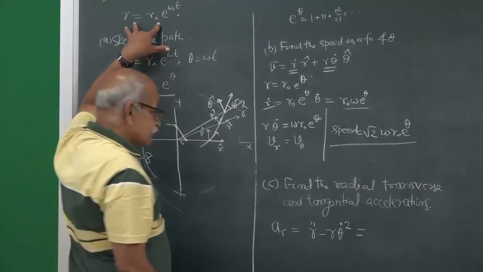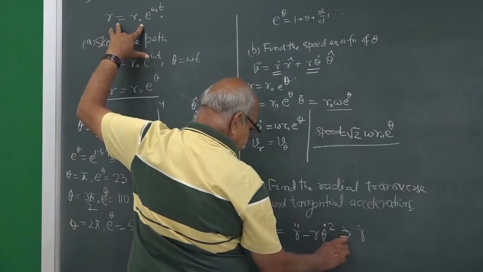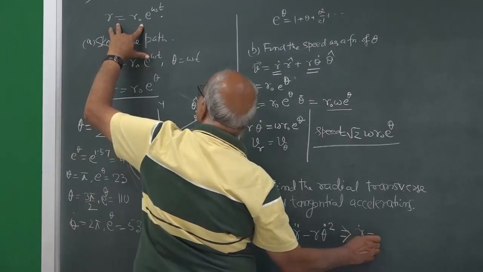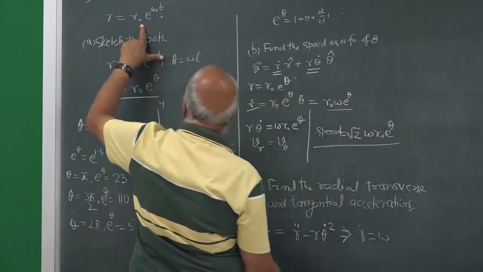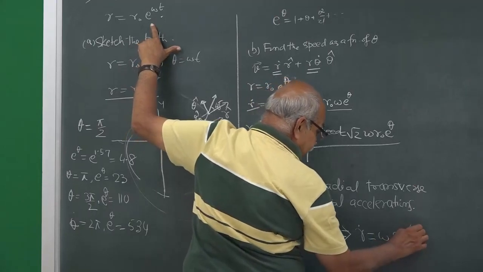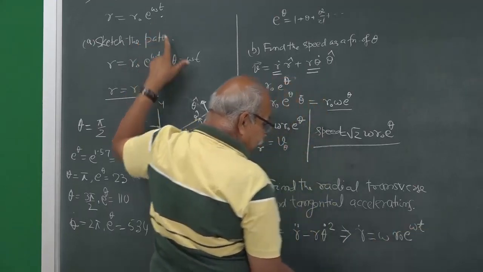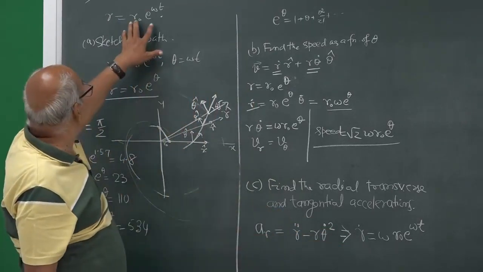This is r. So, r dot is omega times r naught e power omega t. We are differentiating with respect to time, and r is given by this.